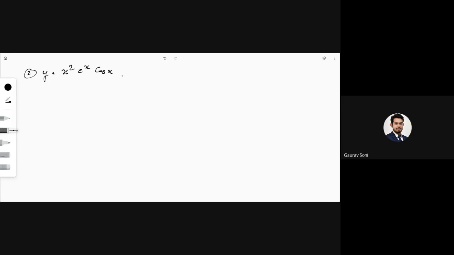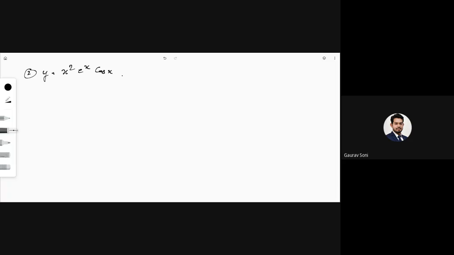What is v? V is x square and u is e to the power x cos x. Yes, exactly. So v is equal to x square, u is equal to e to the power x cos x.